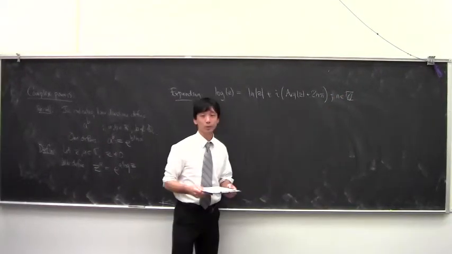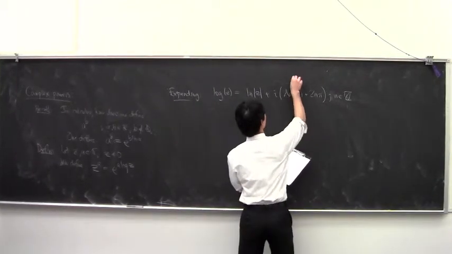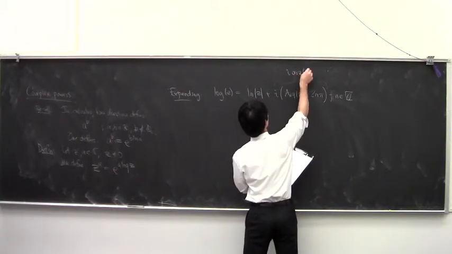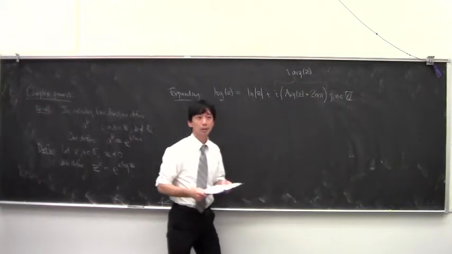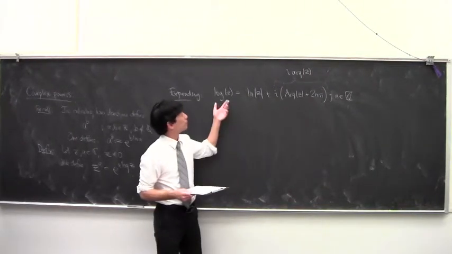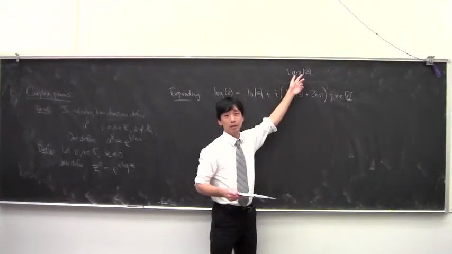There's plus multiples of 2 pi. So that's natural log z plus i arg z.